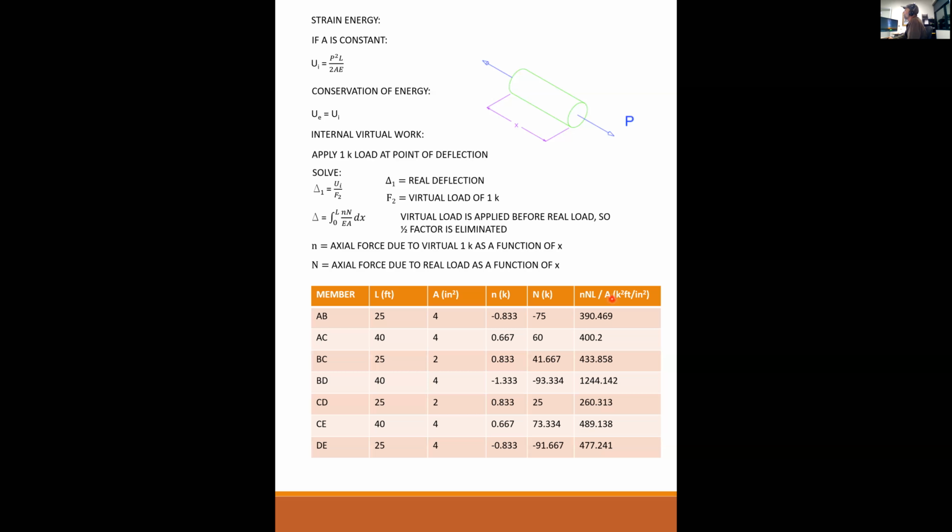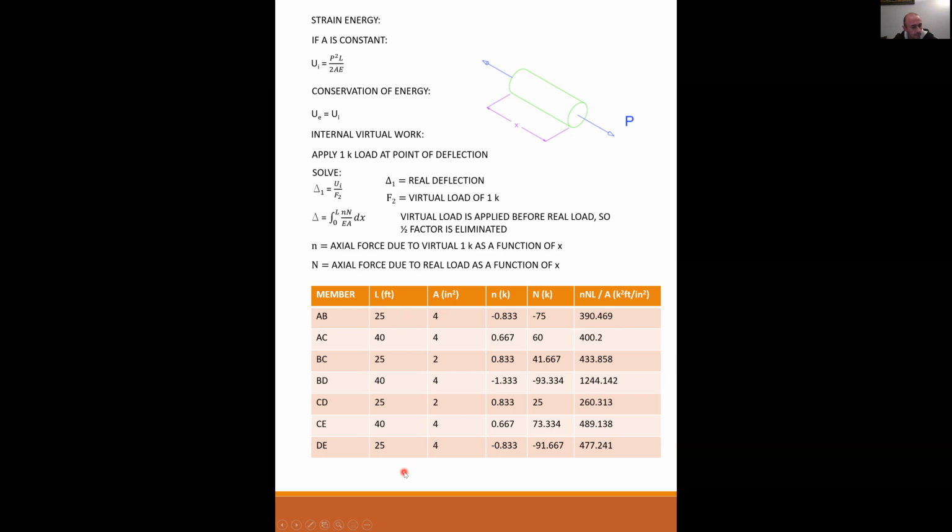So I'll put the E back in at the end. Each one of these entries in the table is little n times capital N times L divided by A. That's what these numbers are here. And this is kip squared feet over inch squared. I just multiplied straight across.